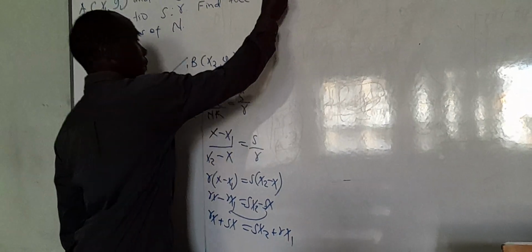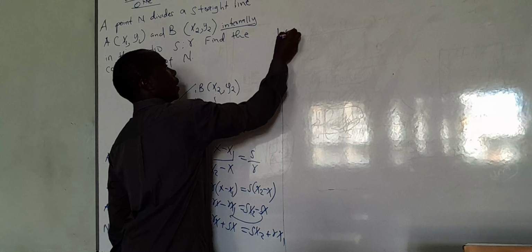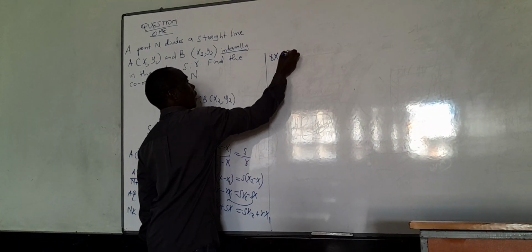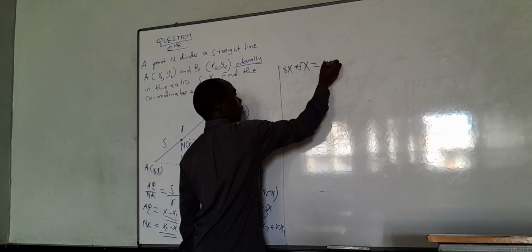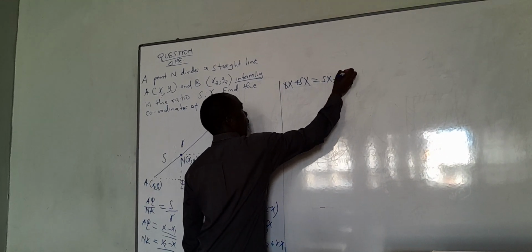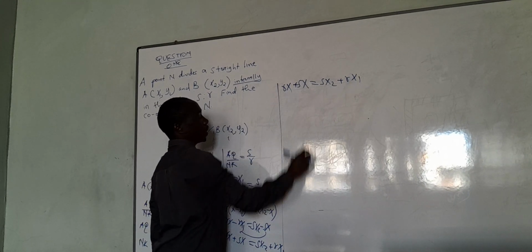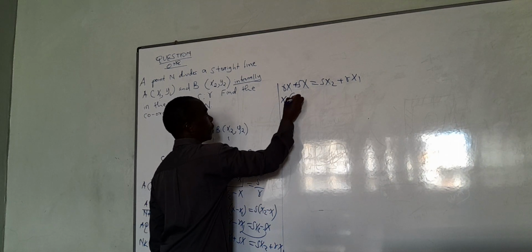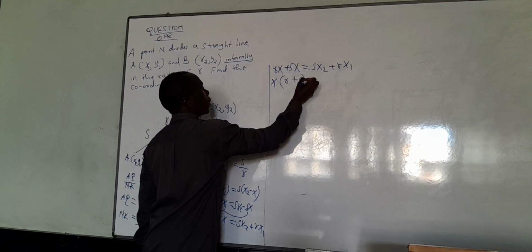The x is common, so you can factorize it out: x times (R plus S) is equal to Sx2 plus Rx1.